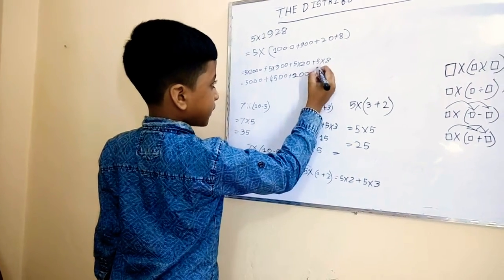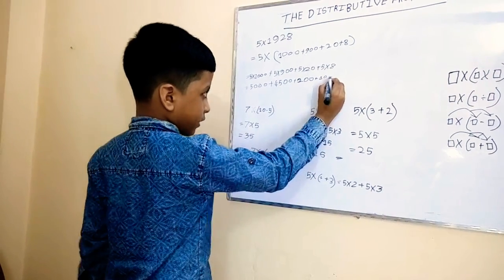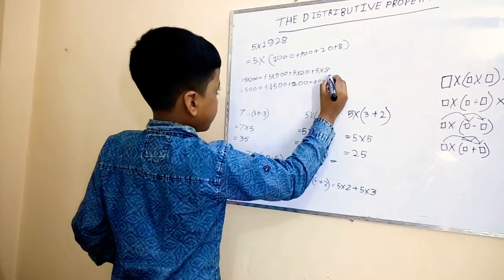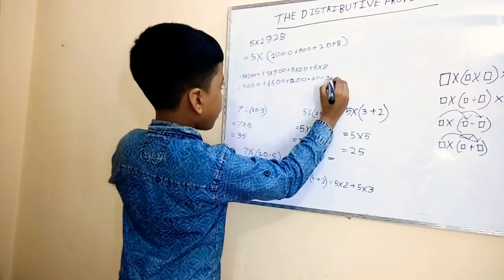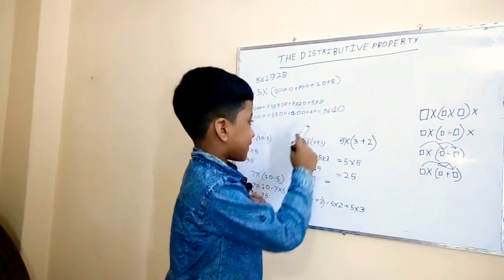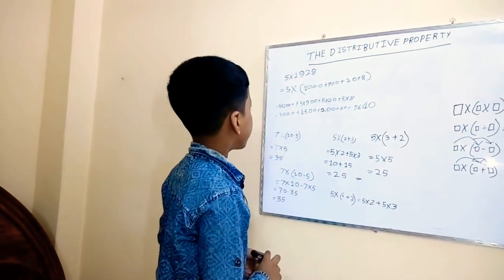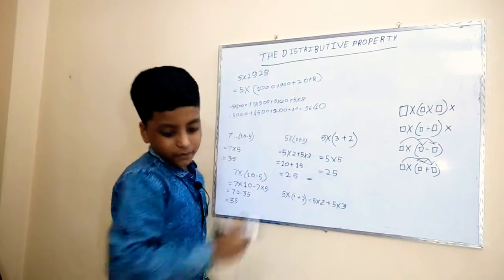Plus 5 times 8, which is 40. That'll give us 9,640. So 5 times 1,928 is 9,640.